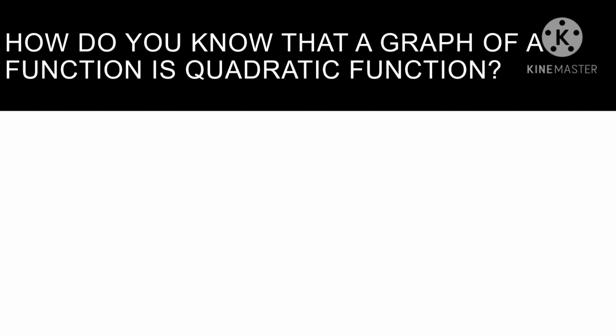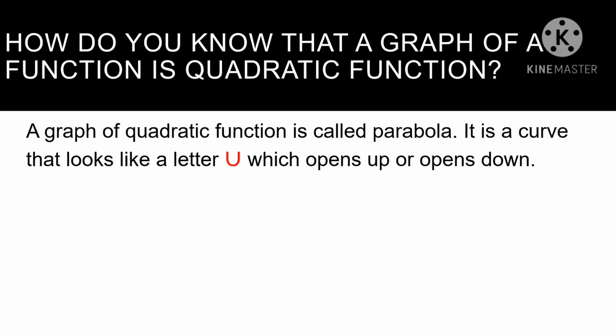Let us proceed now to the graph of quadratic function. How do you know that a graph of a function is quadratic function? A graph of quadratic function is called parabola. It is a curve that looks like a letter U which opens up or opens down.